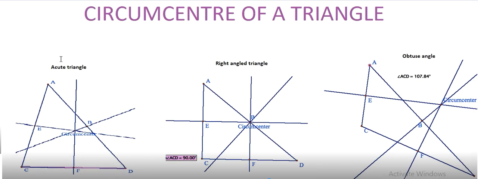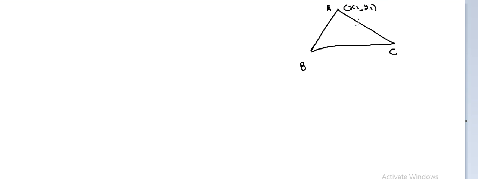Now, if three vertices of the triangle ABC are given, how can we find the circumcenter of the triangle? Consider triangle ABC. Let A be the point (x1, y1), B be the point (x2, y2), and C be the point (x3, y3).